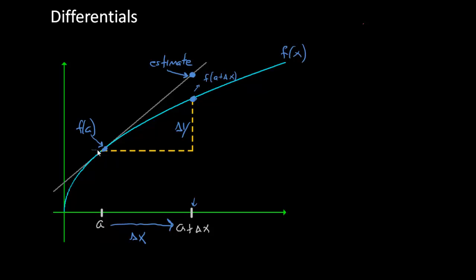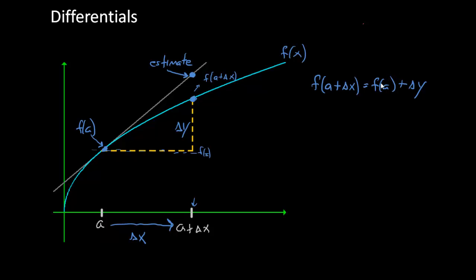Now again, this line right here, that's f of a. But I want to write this first actually. The f of a plus delta x is f of a plus delta y.